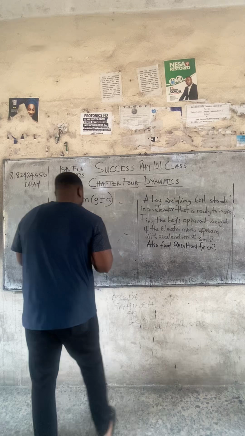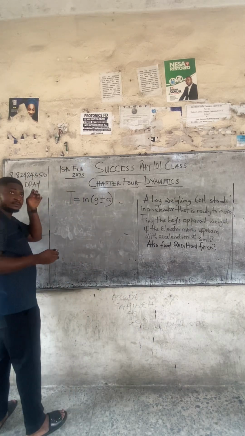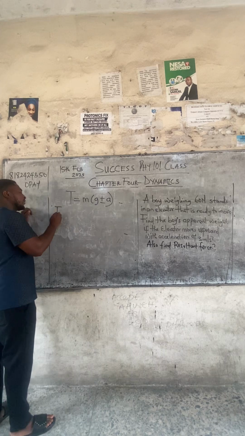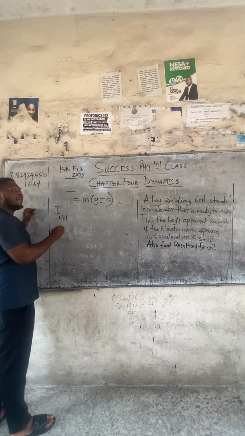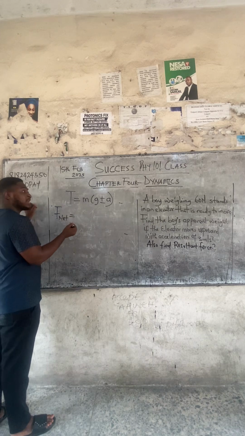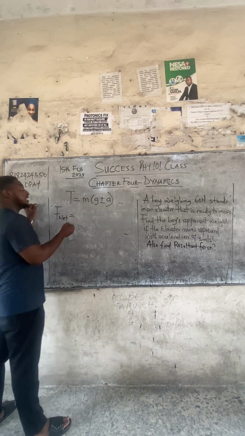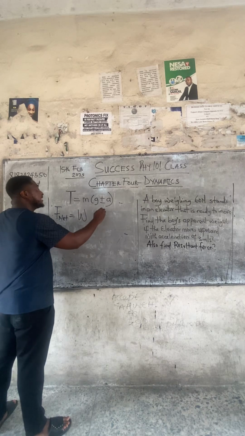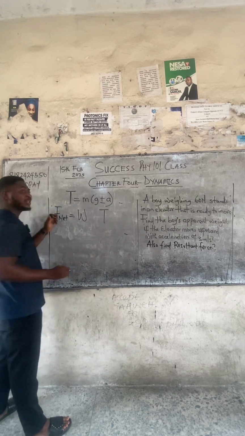Class, just to remind you, resultant force also means net force, right? I told you, if you are following this class, net force is the bigger force minus the smaller. Class, there are two forces that are always going to be at play in the elevator: the weight of the body and the tension or the apparent weight in the lift.